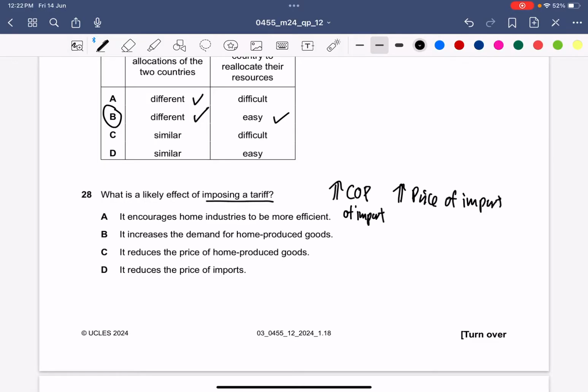So this in turn reduces the demand for import goods. So when local people find that the imports are more expensive, they will change to buy from local suppliers. So this increases the demand for home produced goods. Yes, this is correct.